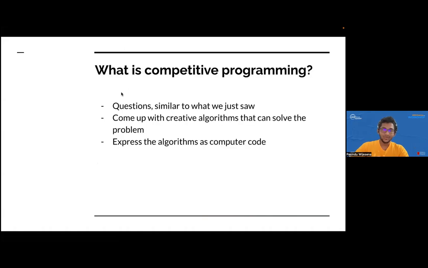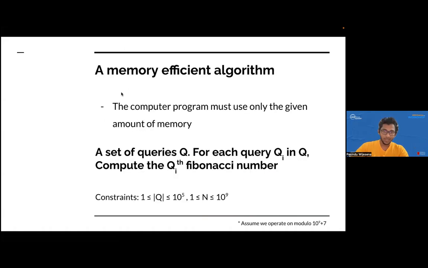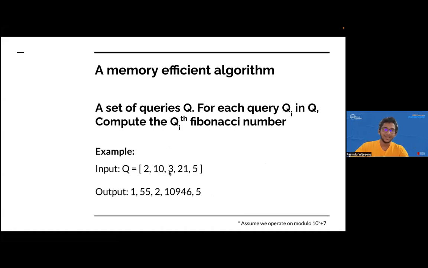So I'm going to gradually increase the value I'm going to compute, right? First, we are going to find up to 2, then we are going to increase up to 3, then up to 5, then up to 10, then up to 21.